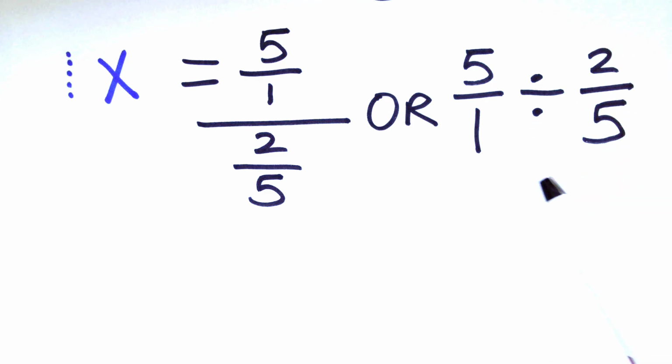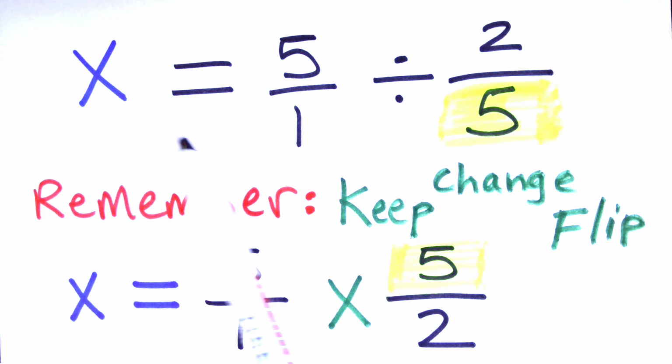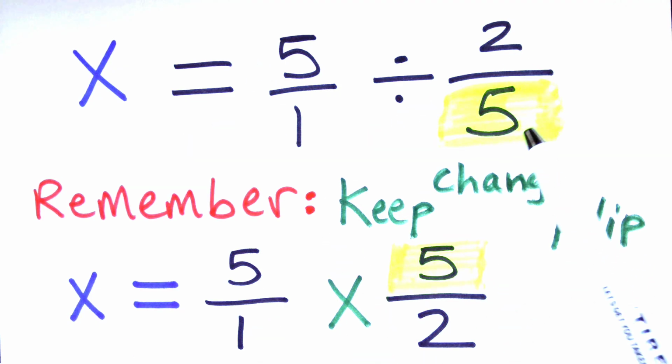Again, if you've been watching my videos from the beginning, you understand we can change this division problem into a multiplication problem. It's harder to see you doing that in the first form, but it's easier to see keep, change, flip in this form. But both of these mean the exact same thing. All right, so x equals 5 over 1 divided by 2 over 5.